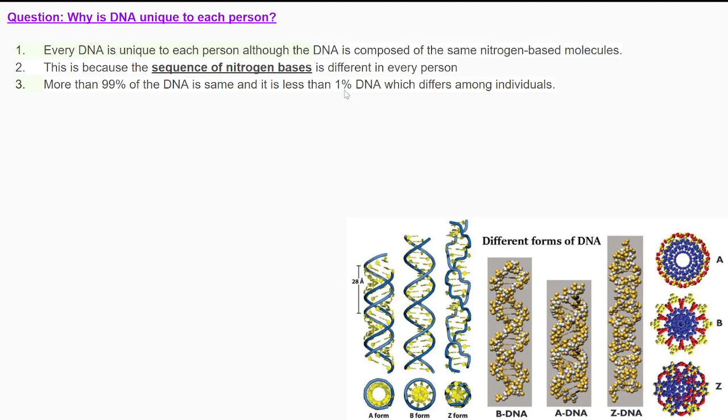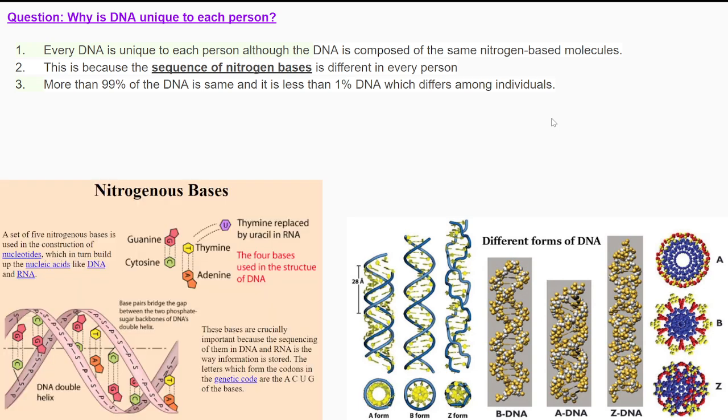But it's only 1% of that sequencing difference because of which the DNA is unique to every individual out there. Okay? So I found this very powerful information for all of us to know, and it also complements what we're trying to learn here.